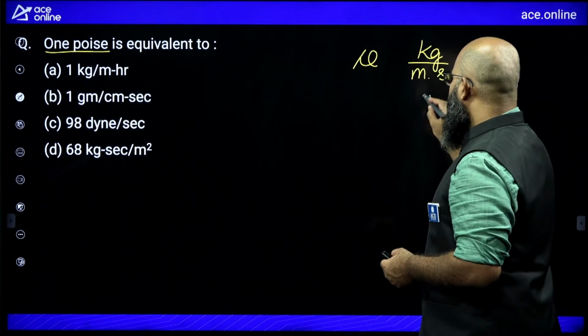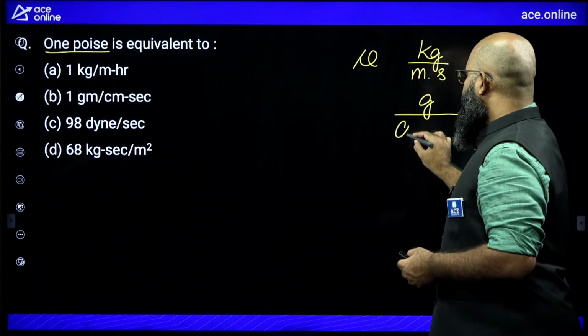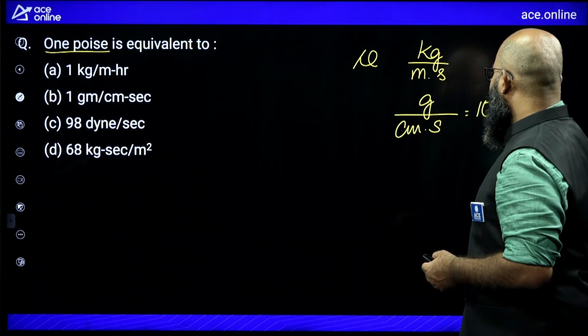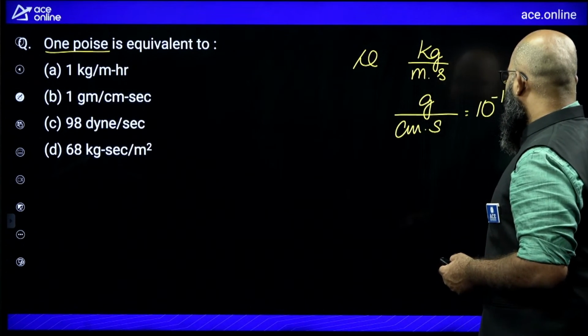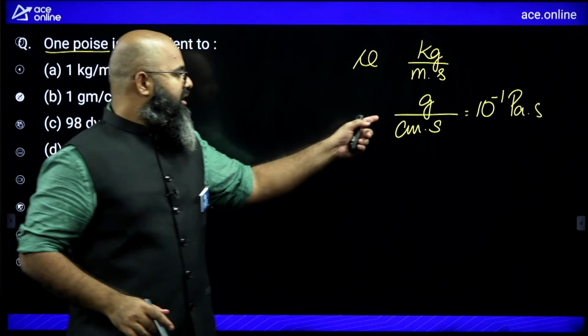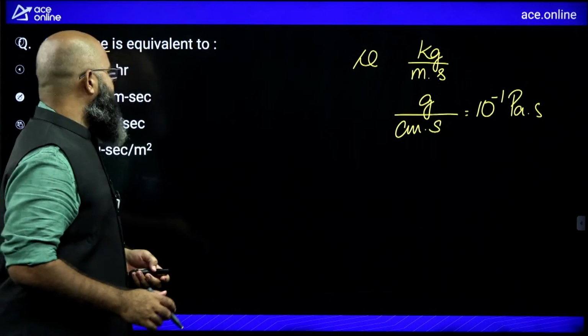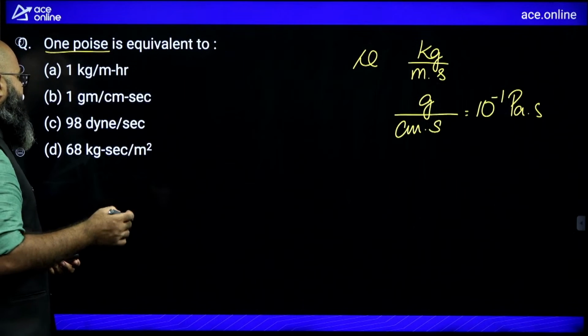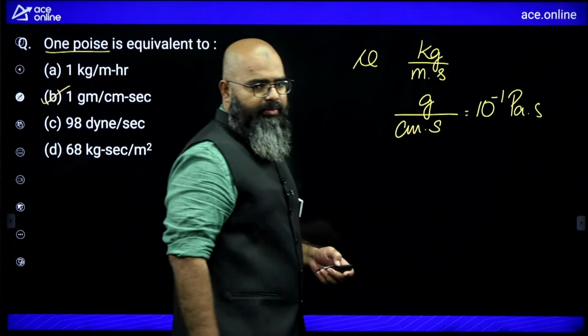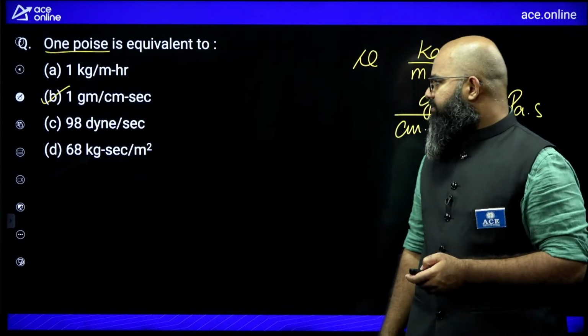And CGS unit would be gram per centimeter second, which is equal to 10 power minus 1 Pascal second or kg per meter second. So this is your CGS unit. It is called as 1 poise. So gram per centimeter second. So option B would be the correct answer over here. Option B is correct answer.